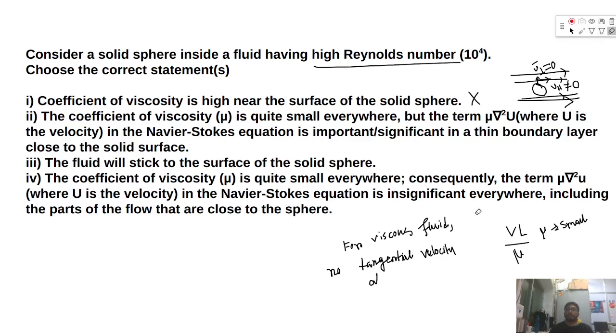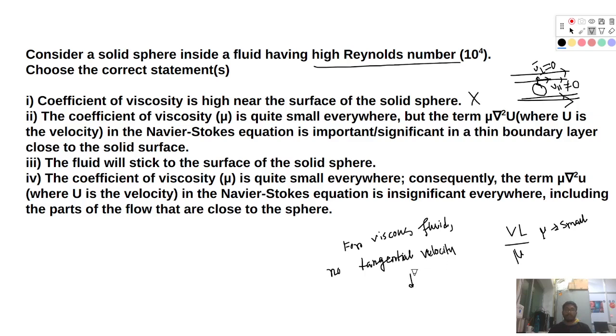So just above this layer you have a tangential velocity, but at the layer which is touching the sphere, there is no velocity again.